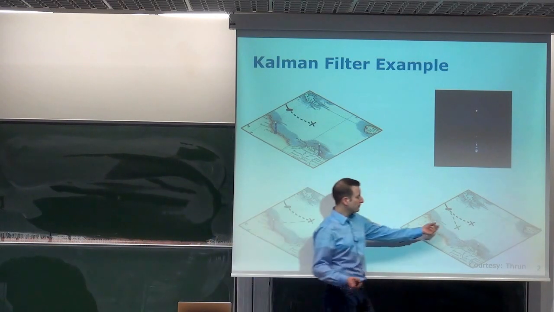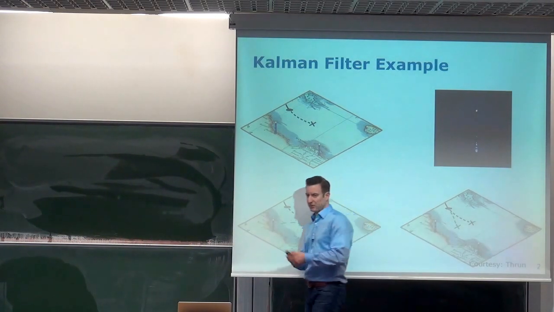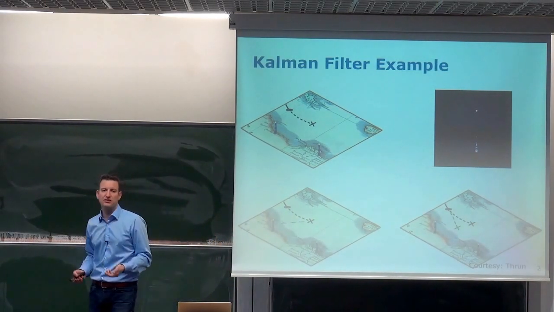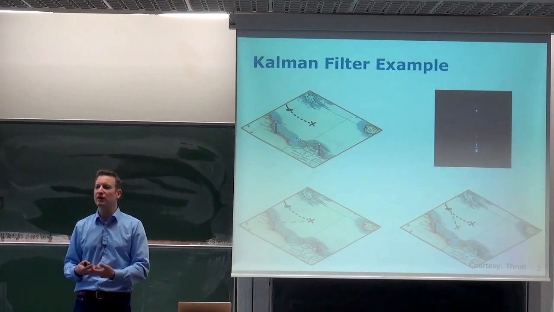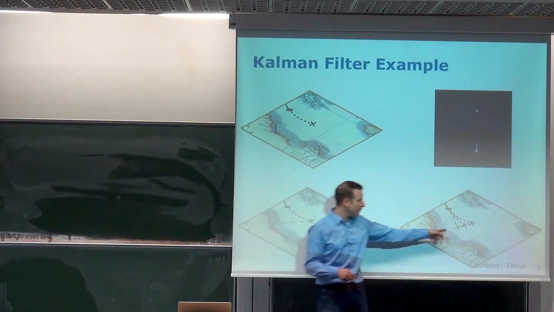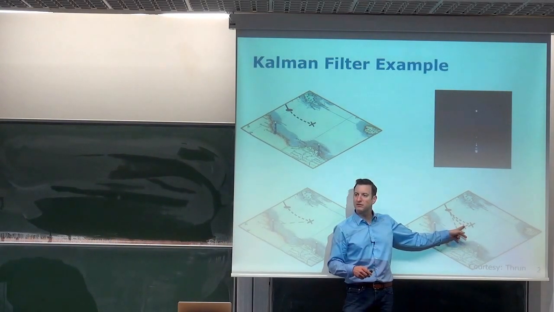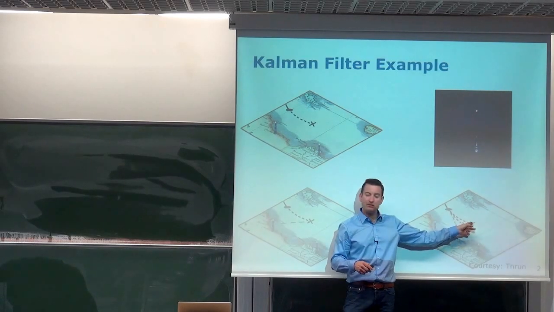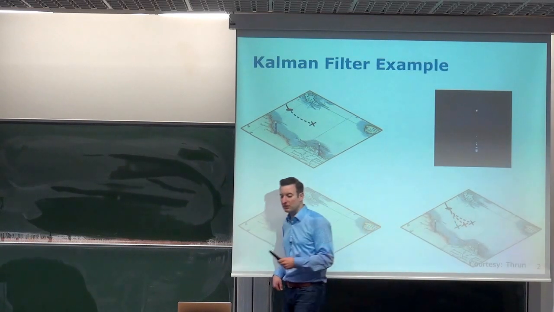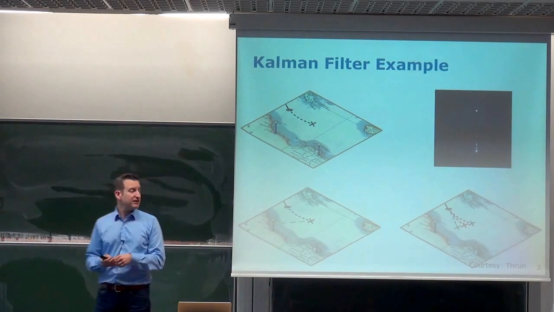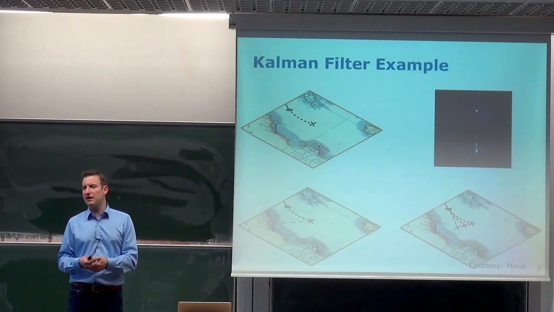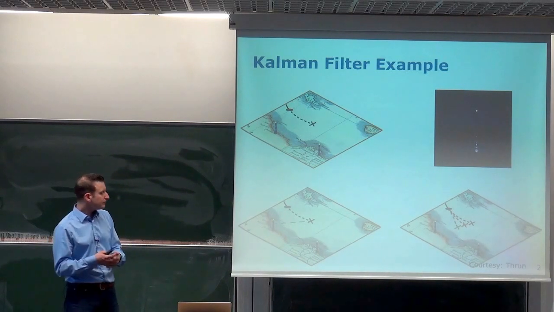If I have these as two probability distributions with different uncertainties, because there's an uncertainty involved in doing this observation of the lighthouse, and there's uncertainty, let's say, in the direction where I was sailing to and the speed measurements, I will have to fuse those beliefs and will probably end up with something like the red thing over here, which is the estimate taking into account the previous pose, my prediction, and my observation, and this gives me my corrected estimate. And these are exactly the steps of the Bayes filter, and the Kalman filter is a special variant of the Bayes filter to do this state estimation.